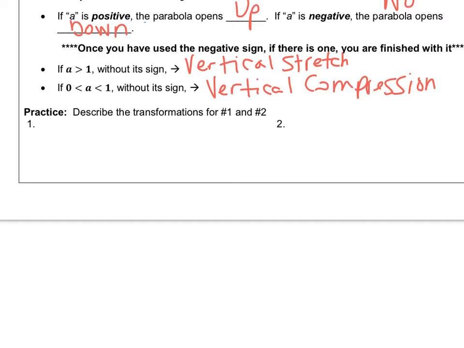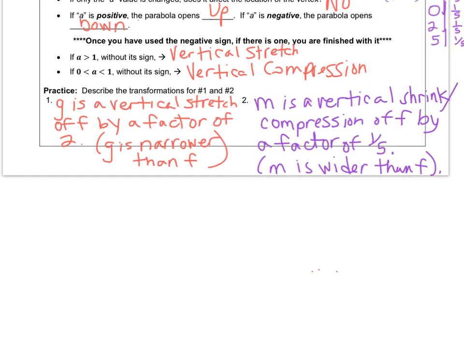And then for number 2, we have m. M is a vertical shrink of our parent function by a factor of 1/5. In other words, m is wider than f. Okay, just check and make sure that you got all of that written down.